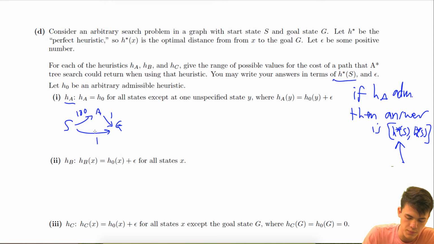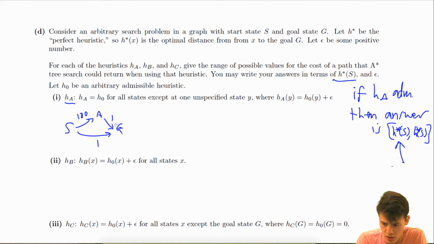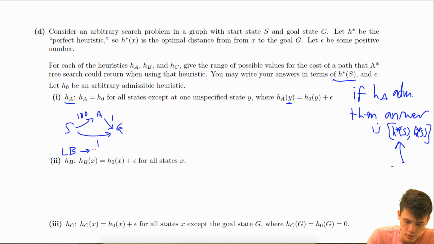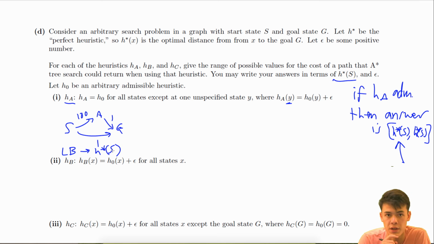So if A is the state that is corrupted, like y in this case, then adding epsilon wouldn't break anything, because A star would still find the goal eventually. So we know that the lower bound is going to be H star of S, because in some cases, it's very nice.